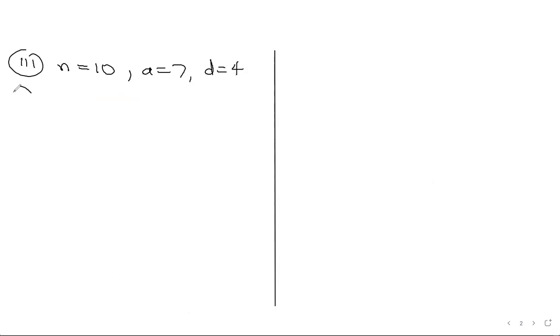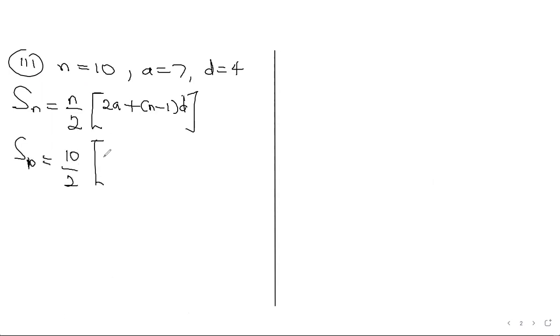We can use the formula for the sum of n terms of an AP, because here we don't know the last term. So we use n over 2 into 2A plus n minus 1 D. So S10 will be 10 over 2 into 2 times 7 plus 10 minus 1, then 4.